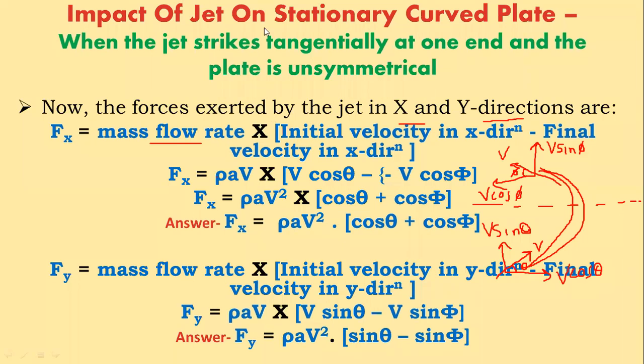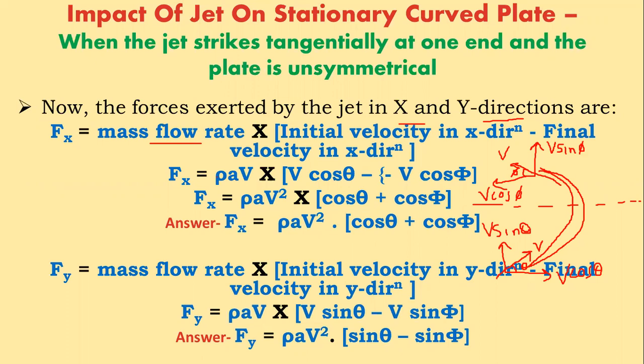So here, has everyone understood this? Is there any question, any problem? Yes, anyone? No, sir. Yes, because here we have finished with the first case, that is case number A, which is jet striking on a stationary plate.